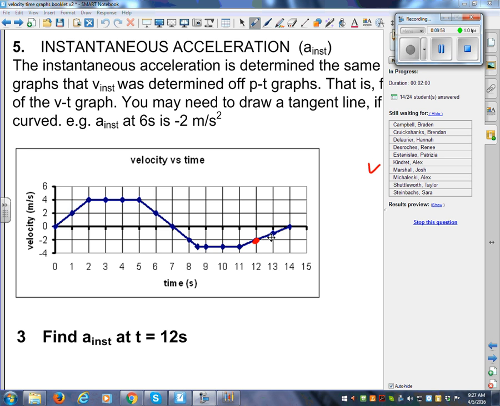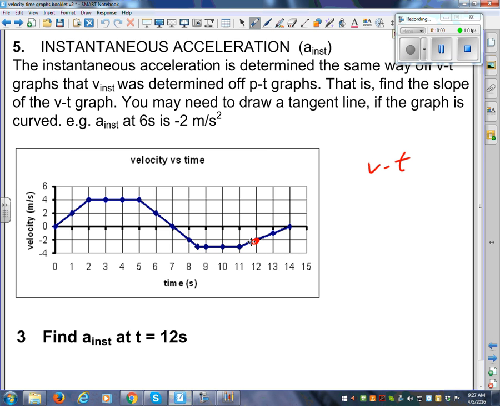Is the slope here any different than the slope there? Or there? Or there? So all you do is find the slope. Rise over run. 0 minus 3. What's the run? 14 minus 11. Find the slope.